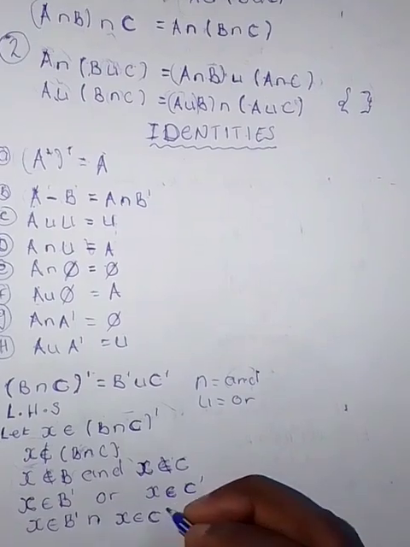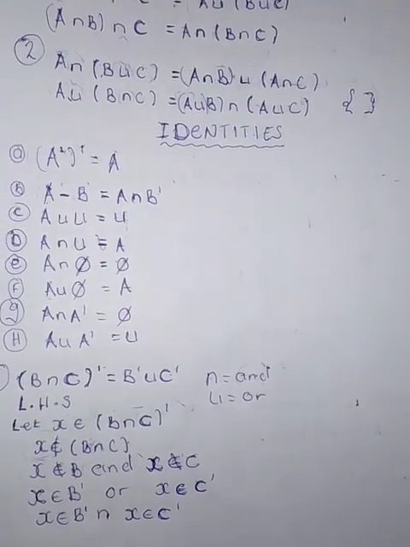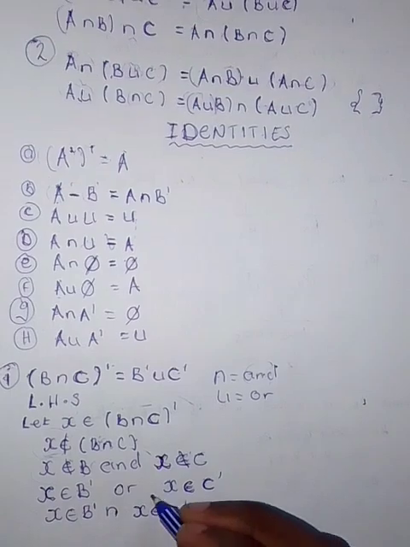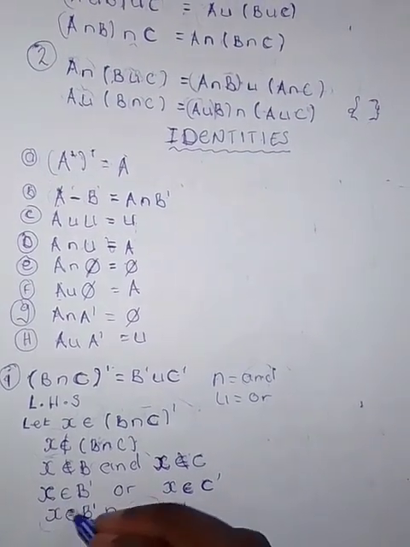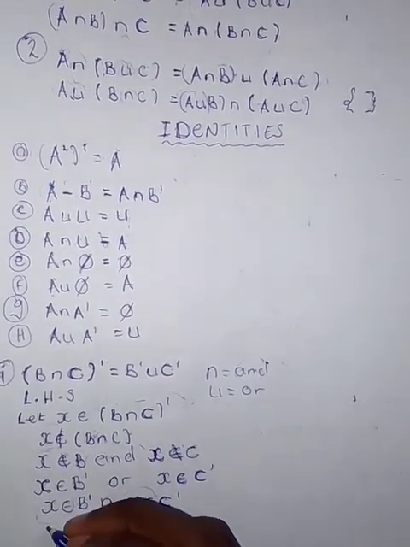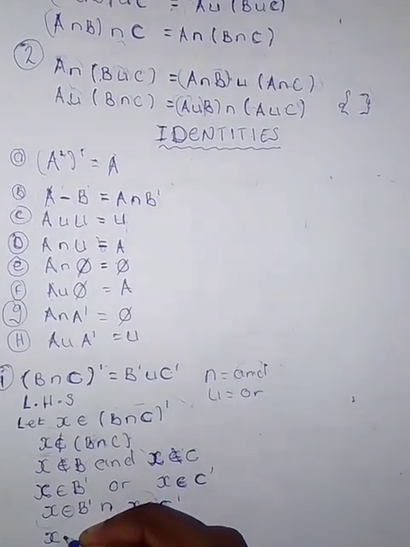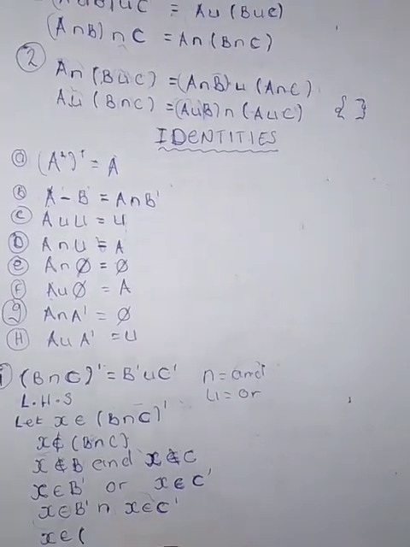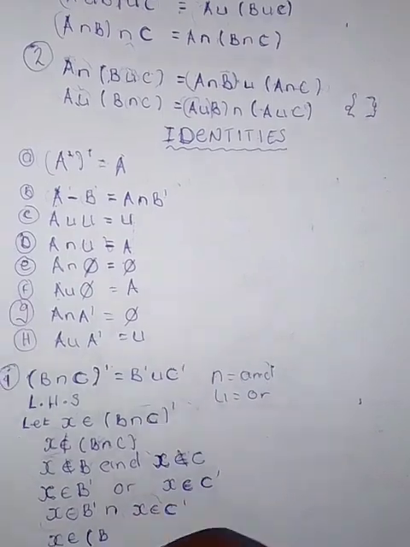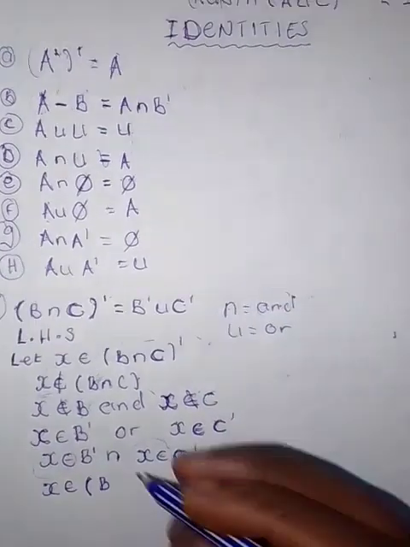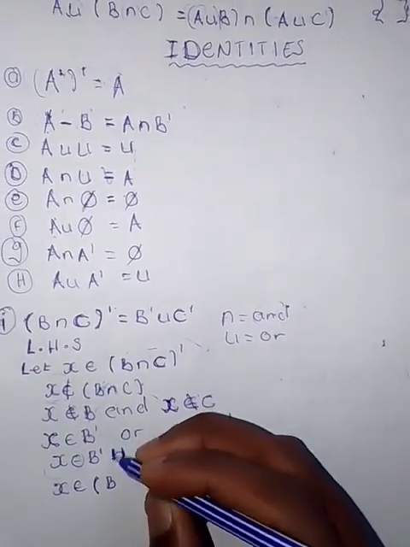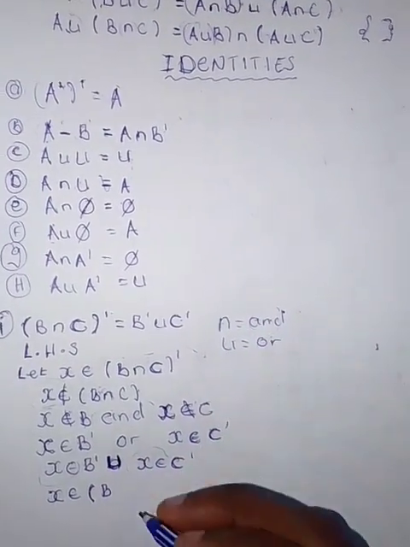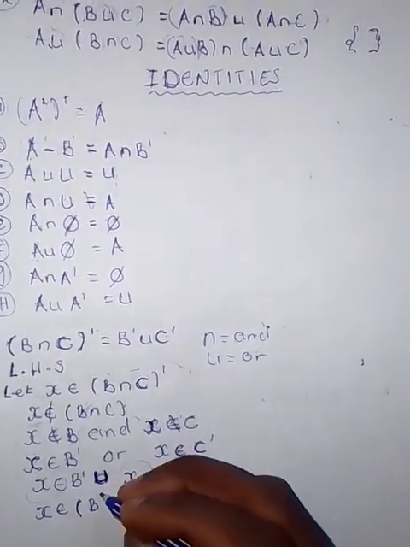Okay, so now as you can see, we have something that is common on both sides. We have x in B complement and x in C complement. We can factorize that out. We're going to say x is a member of, we are going to remain with, we're supposed to have U. It is supposed to be U, as OR represents U. So we are going to have B complement when we factorize this.